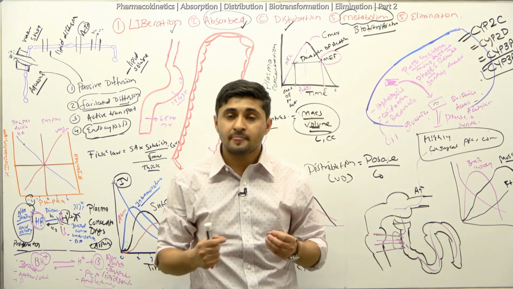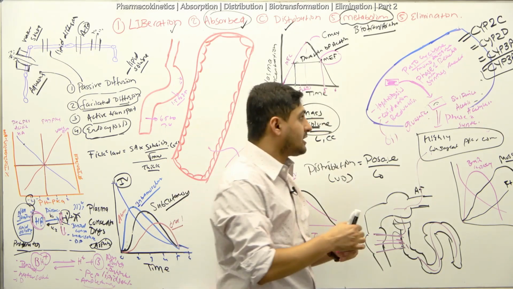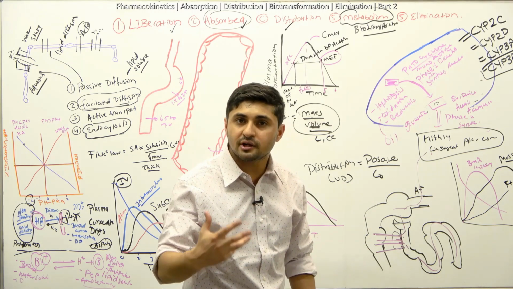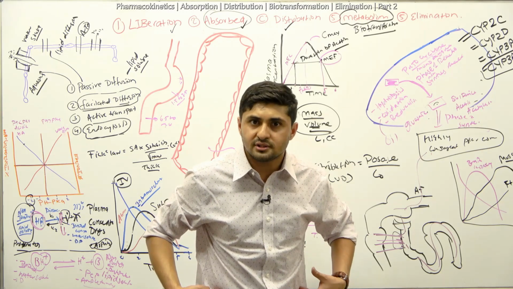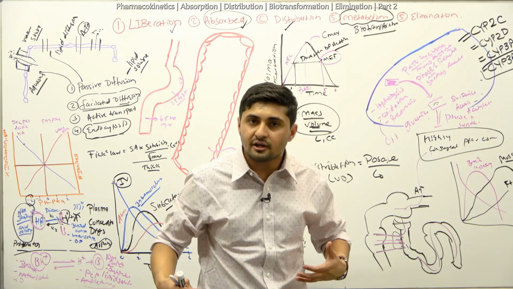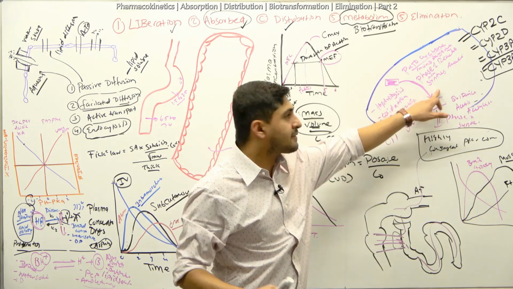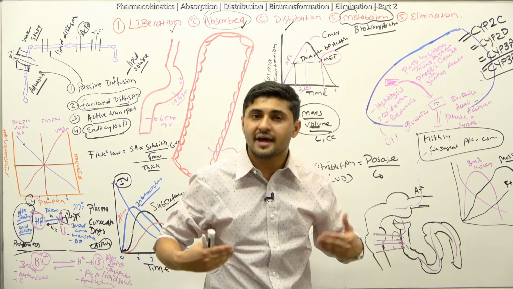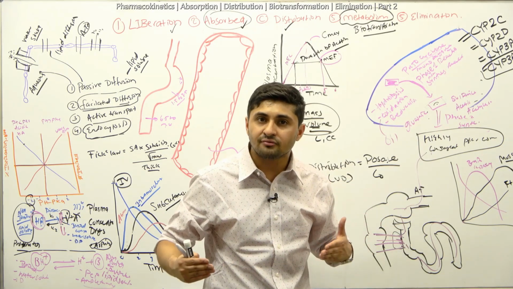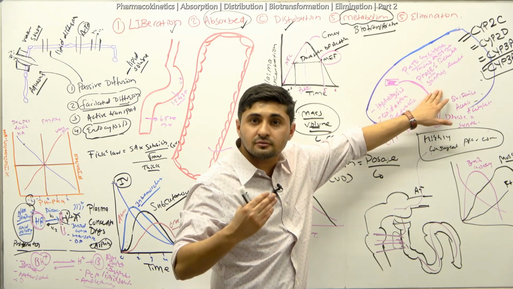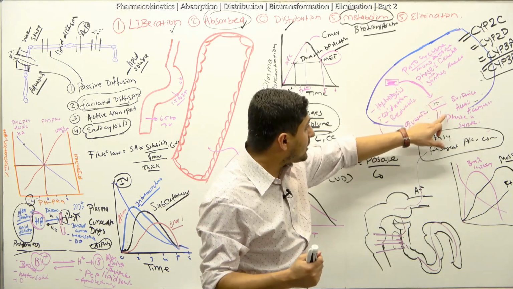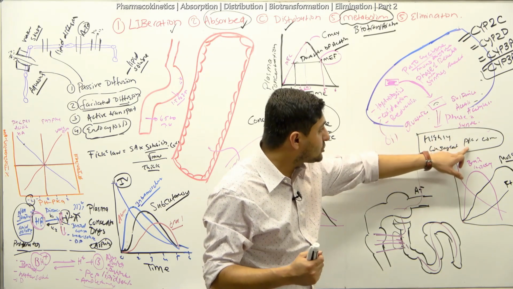If you keep taking a drug every single day, let's say caffeine, you always take coffee, right? If you take coffee every single day, the liver is going to start making more enzymes to degrade that coffee much more quickly, so it has a lot more enzymes to convert it into the highly conjugated polar compound.